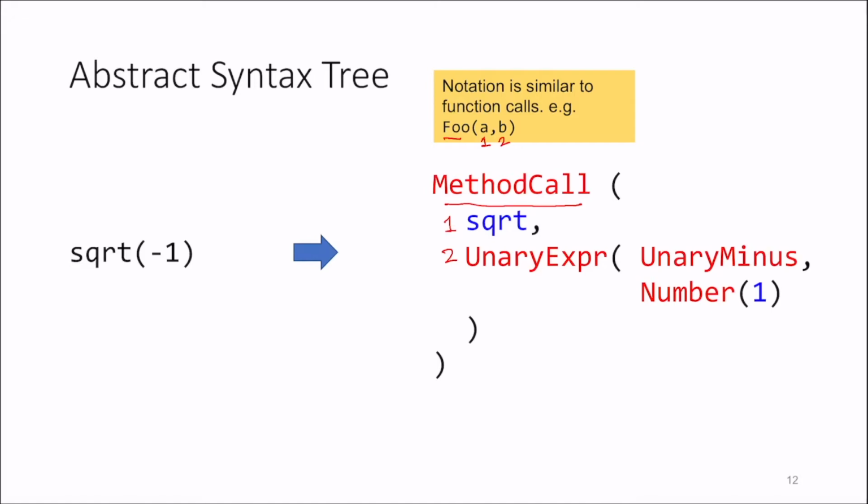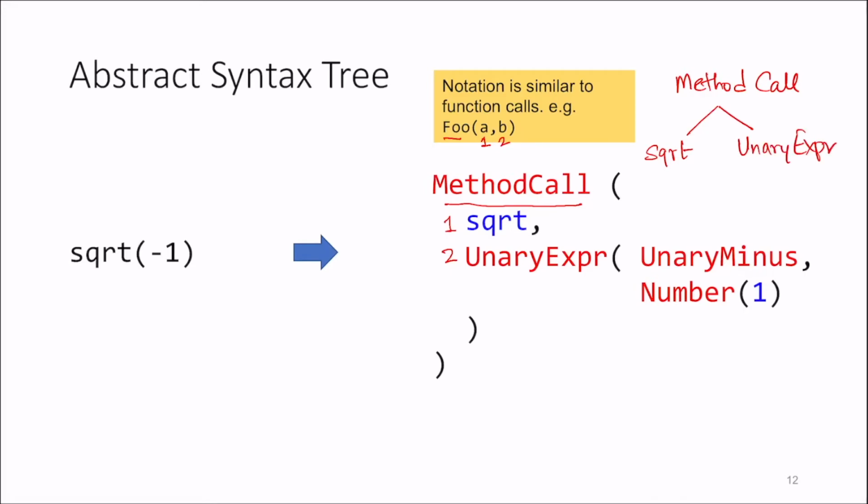So this subtree over here is what is going to be the input to the square root function. You can write it in this function call notation. You can equally well write it using a tree as well. It's a very simplified tree compared to the more detailed tree that we saw before.